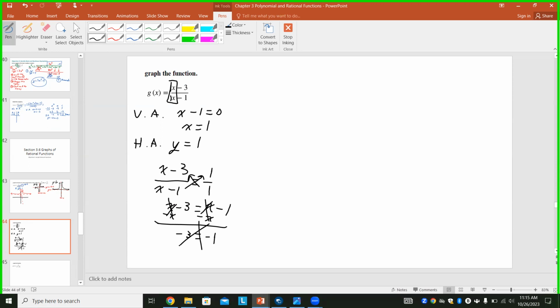So when I go to graph this, I start with my asymptotes. That's going to be 1, and then I have 1 at 1. Now, the next key thing is to figure out where your branches are. You can plug in some random numbers to see where it falls. I'm going to plug in 0 because it's on this side of the asymptote.